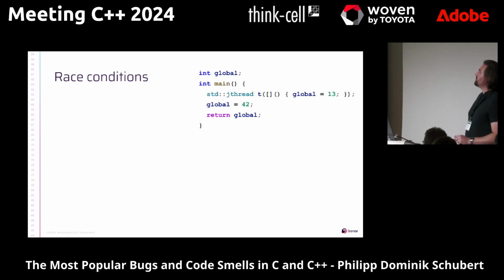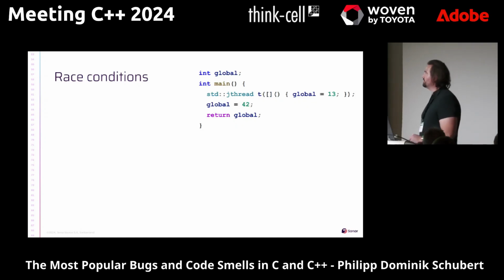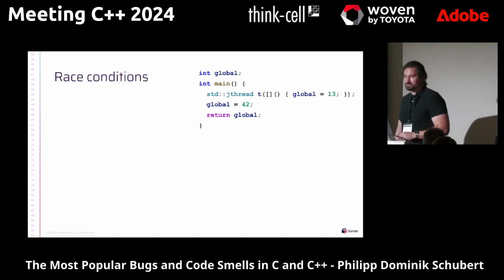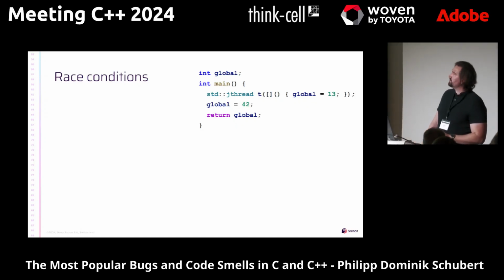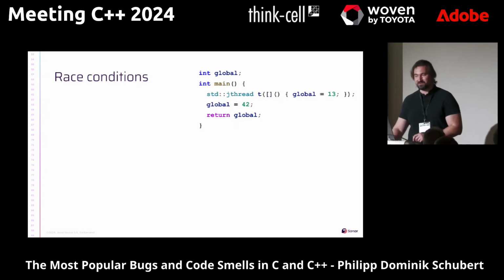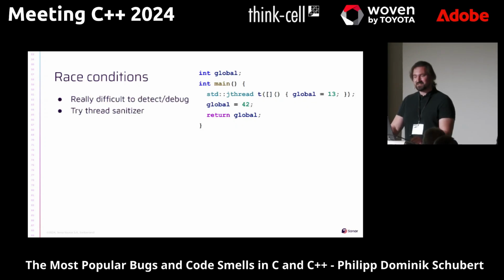And then we start one thread which writes the integer literal 13 to that global variable, and then the main thread continues and writes 42. Well, the actual value you are returning now depends on whoever comes first or last. So you have a race condition. That's really difficult to detect, first of all to even be aware that your program suffers from a race condition, and it's even harder to debug.